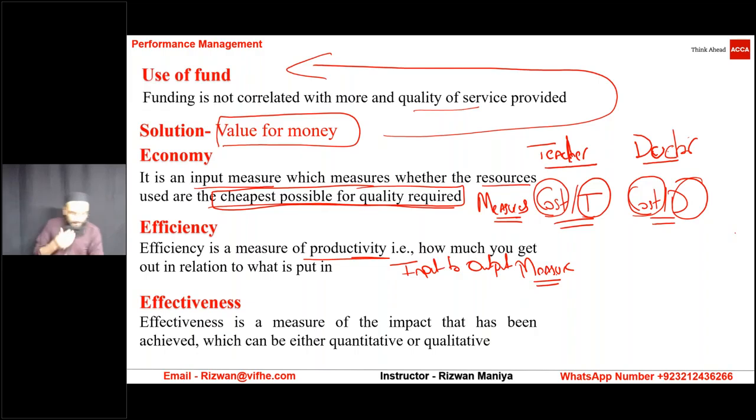Now what efficiency does is that efficiency uses two things: the input resource and what output the resource is giving. Try to understand. Okay, so it covers both how much you get out in relation to what is put in, which means your resource is teacher.